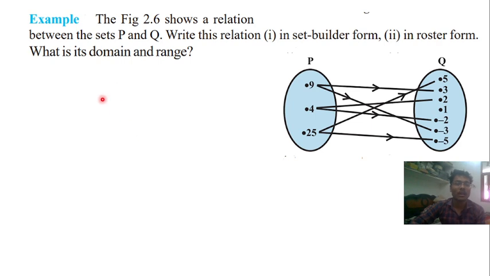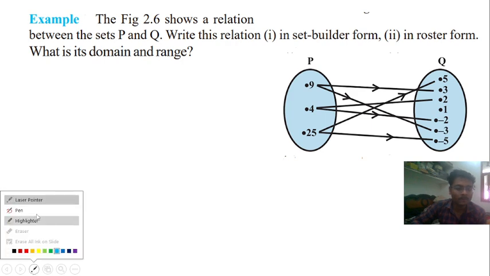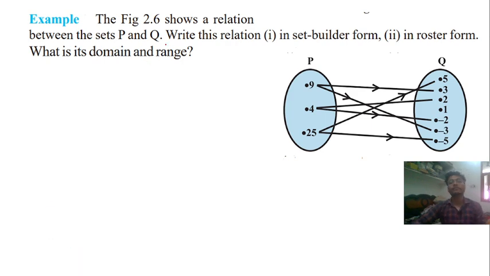Coming to our next example, we take pen here, and they are saying, figure 2.6 is showing the different relation in set P and Q. Write the relation in set builder and roster form, and what is the domain and codomain.